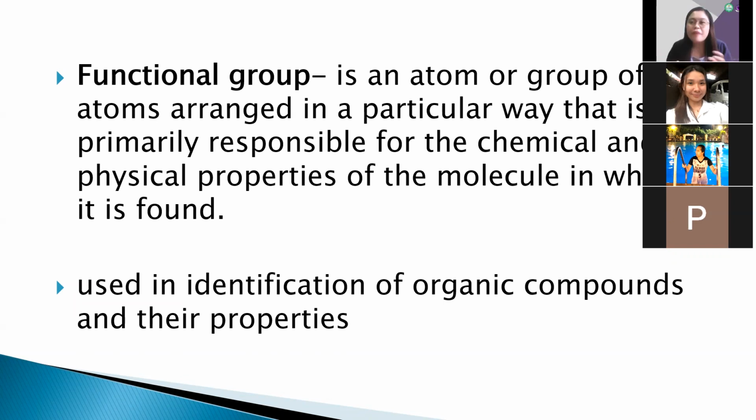Most of them are groups of atoms arranged in a specific manner, in a particular way, that become responsible for the chemical and physical properties of the compound. So number 1, functional groups are used for the identification of organic compounds, and number 2, the functional groups will be responsible for the physical and chemical properties of organic compounds.